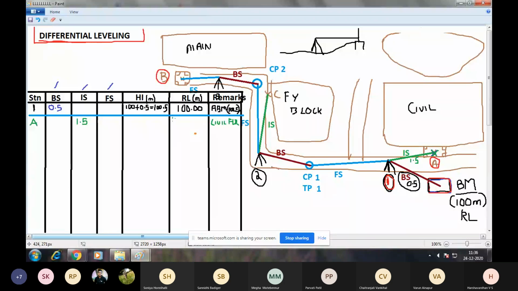RL is HI, that is 100.5, minus 1.5. So this reading is 99 meters. After I take a staff reading on A, I can calculate the RL of A.